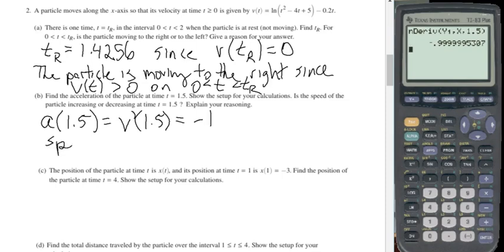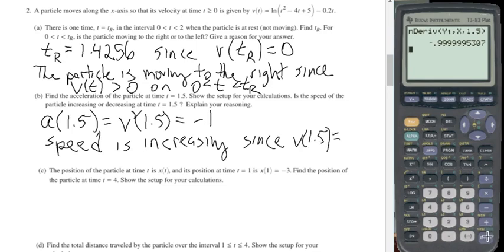Now, that's the acceleration. It wants to know is the speed of the particle increasing or decreasing. So we would say speed is increasing, since v of 1.5 equals, now if we want to get the velocity, you can just hit variables, y variables, number 1, and then put in parentheses here 1.5.